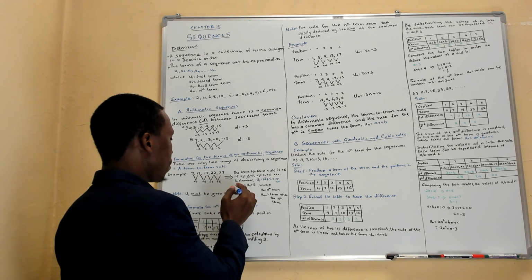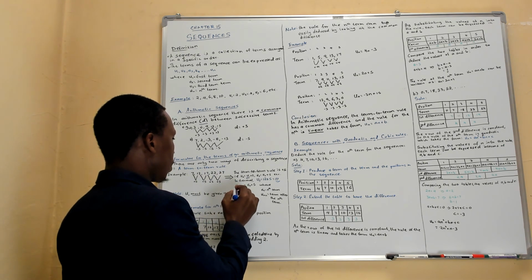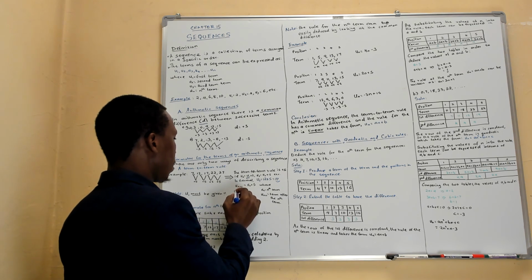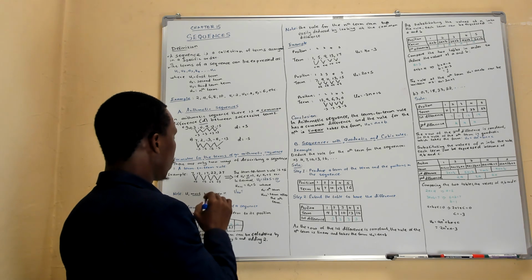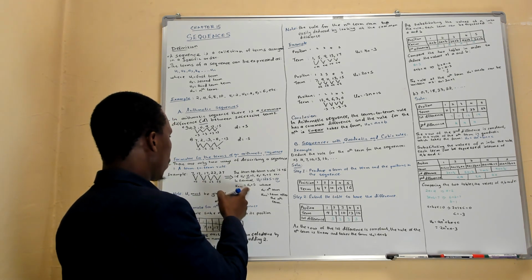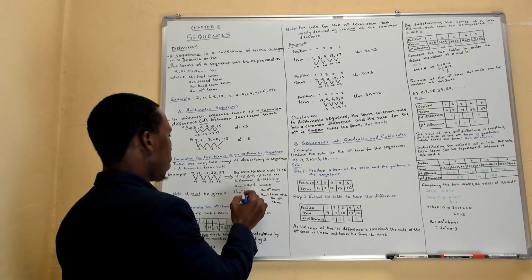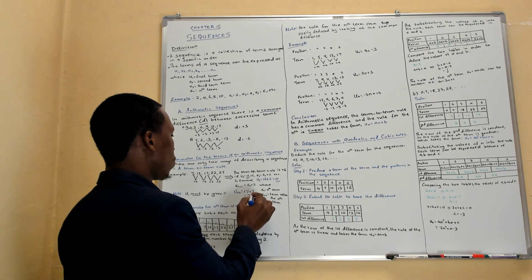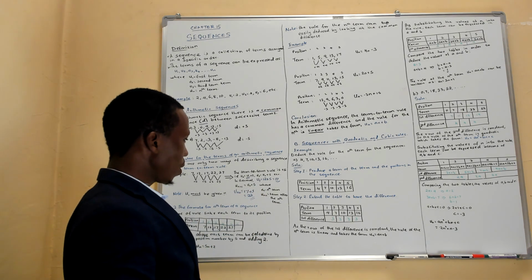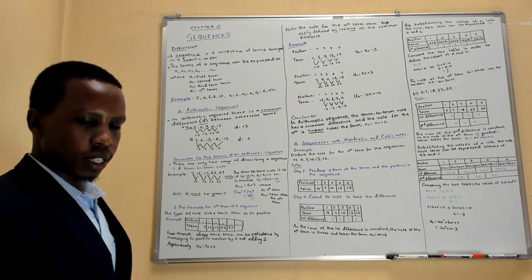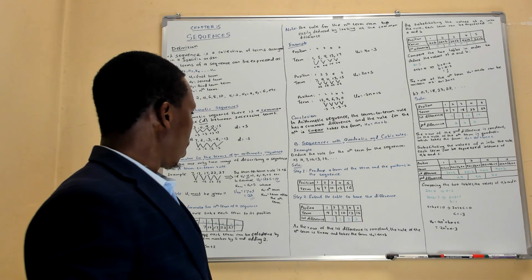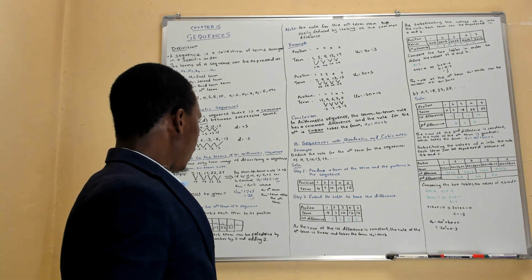So I'll have un plus 1 is equals to 17 plus 5, which is 22.